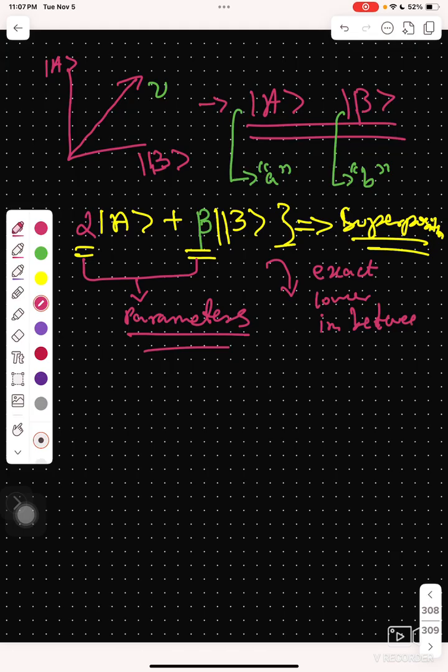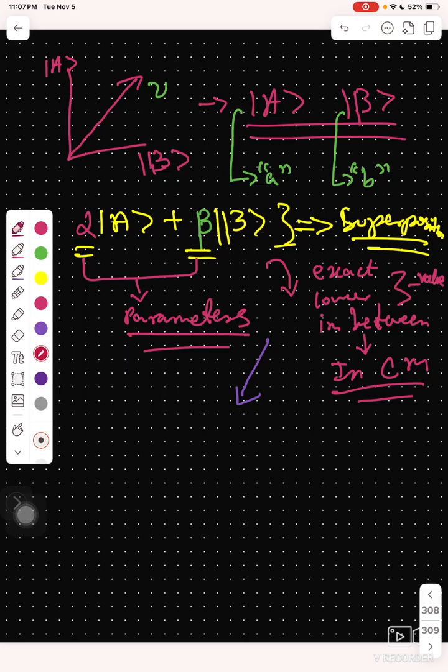In quantum mechanics, that's not the case.